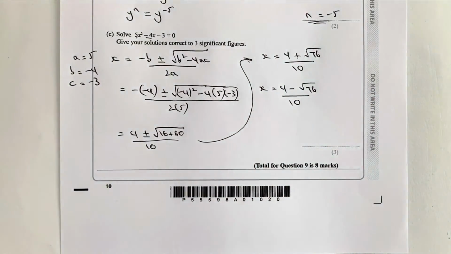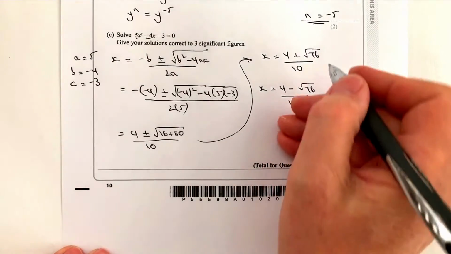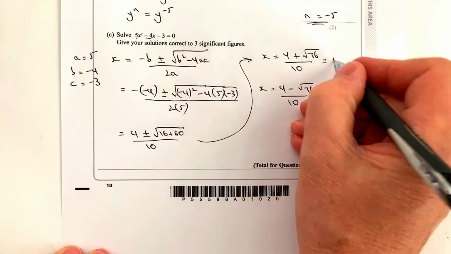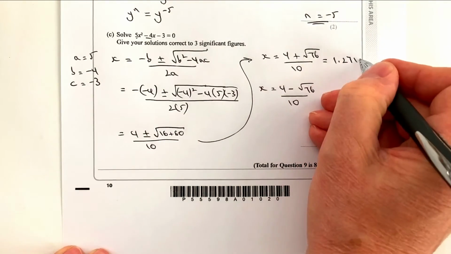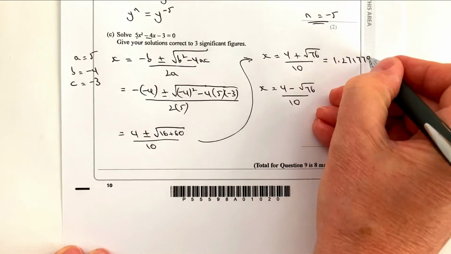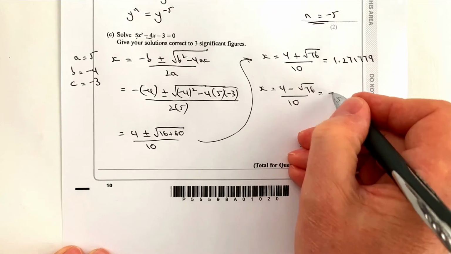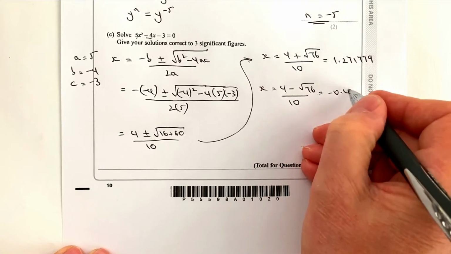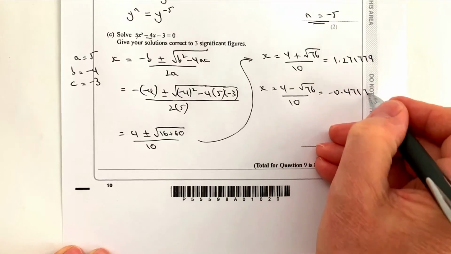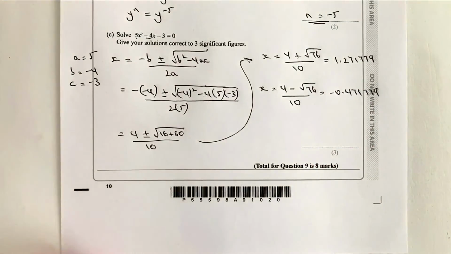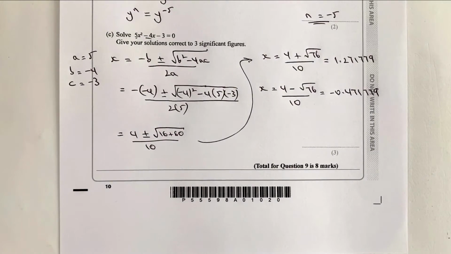Okay, and if you put those into a calculator, you're going to get 2 values. The first value is going to be 1.271779, and this one is going to be minus 0.471779, something like that. However, the question has asked us for 3 significant figures.